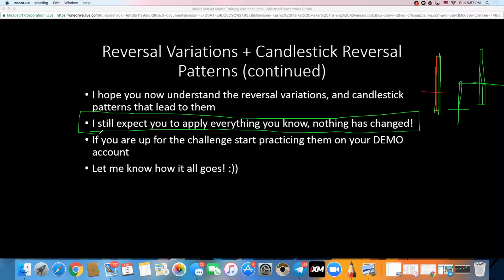If you are up for the challenge, start practicing them on your demo account. Take your normal trades live, the high possibility setups, and then start taking these reversals on your demo. Trust me, you're going to be really happy with your results.